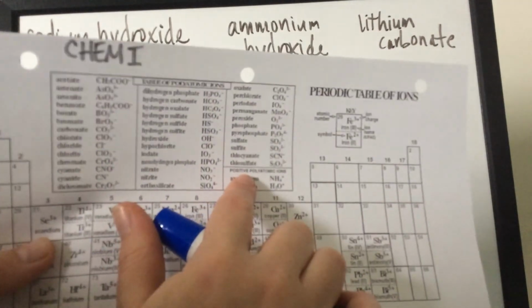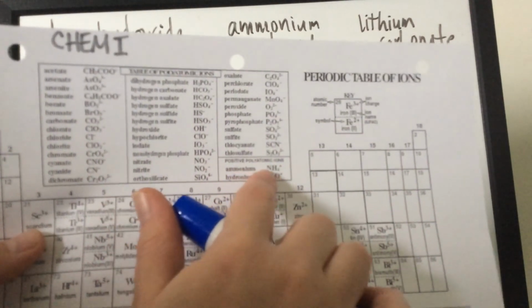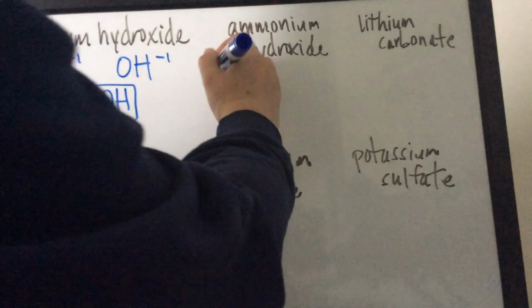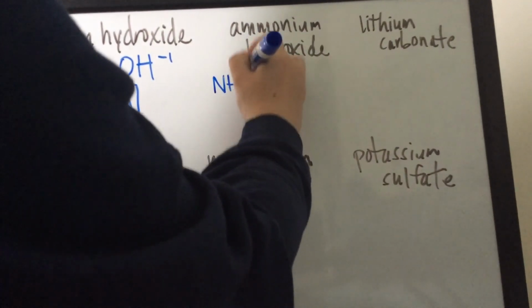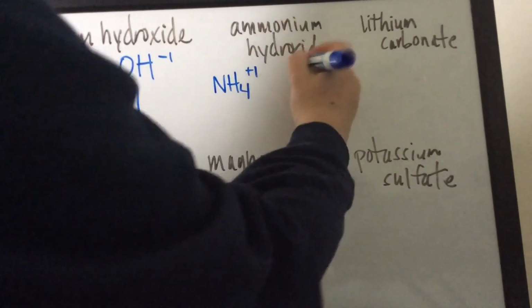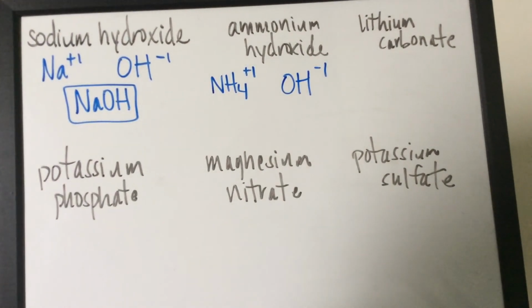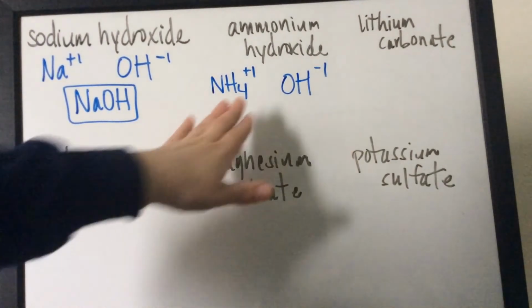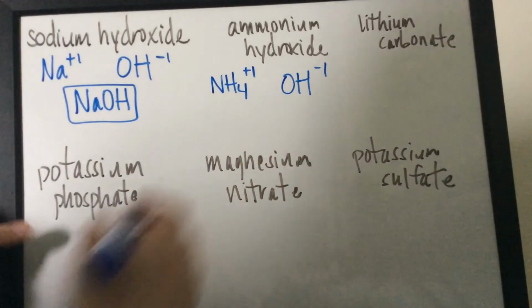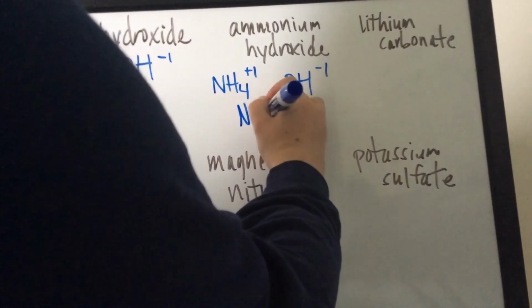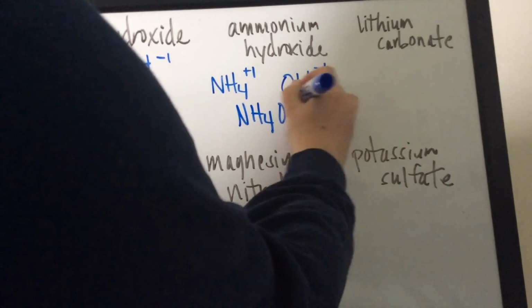It's a positive polyatomic ion, and it's hiding right there. Ammonium is NH4 +1. Hydroxide, of course, is OH -1. This example is actually made of 2 polyatomics, but I'm going to treat it no different. I have a +1 and a -1. I'm good to go. So my formula, NH4OH.